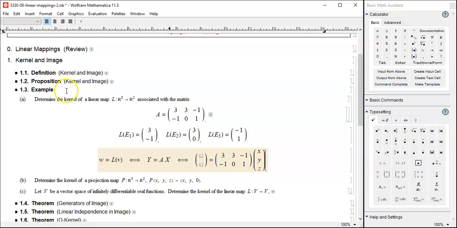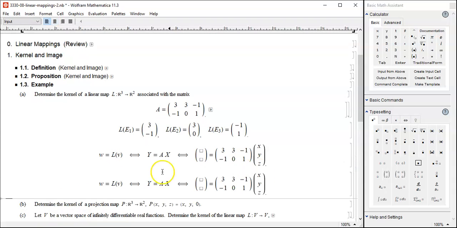Now this problem is about the kernel, isn't it? So L of V has to be equal to the 0 vector. In other words, this has to be the 0 vector. Make sense? So this one is the general case for the linear map.